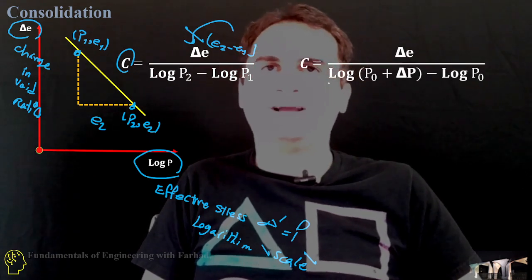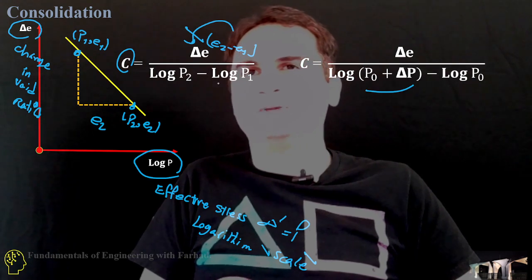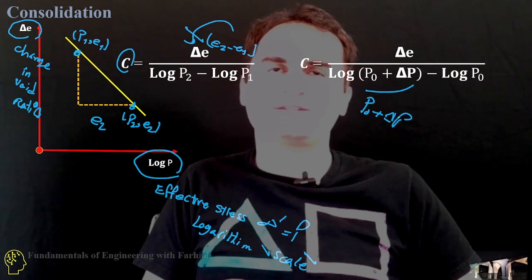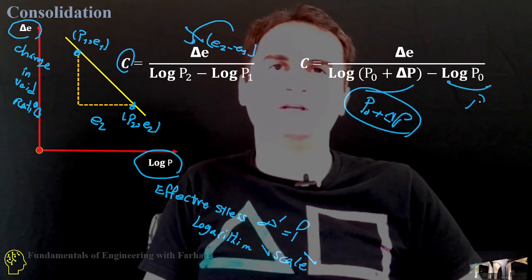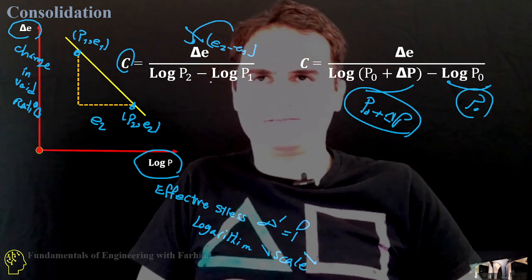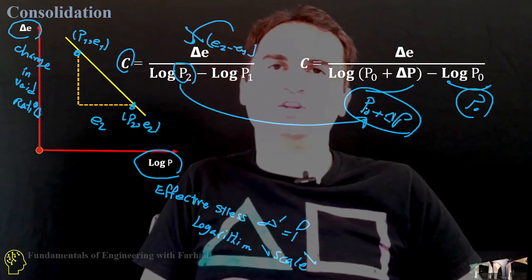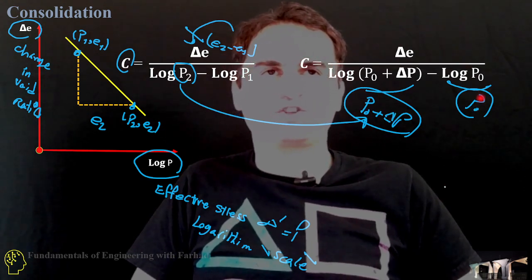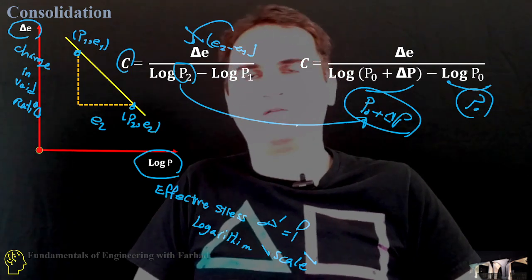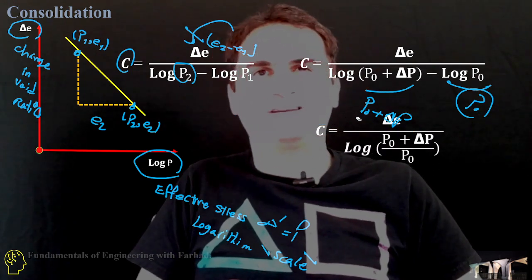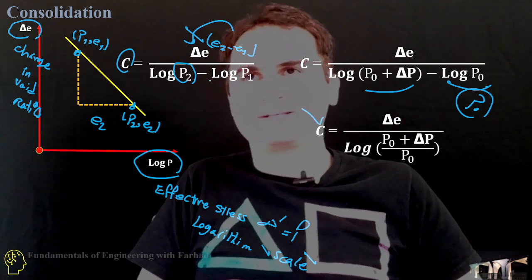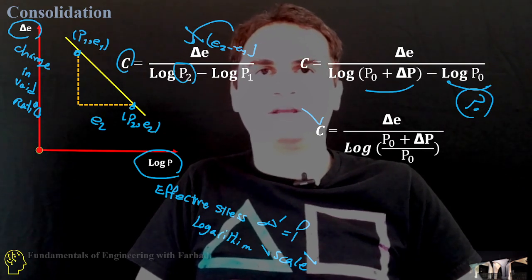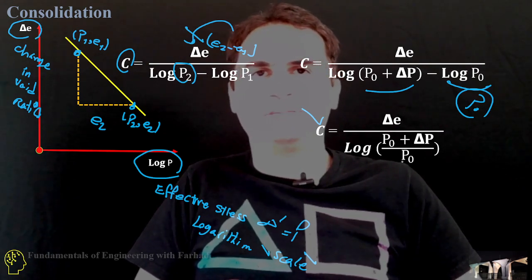If you expand that, we can call P2 the initial P plus the extra stress applied to the soil, and P1 is just the initial one, P0. These are just different ways you can call it. And then our slope is rise over run. We can rearrange it: minus slope times log of (P naught plus delta P) over P naught.